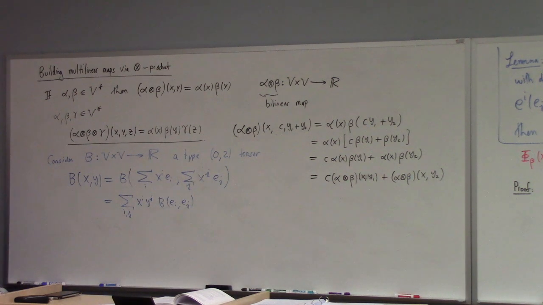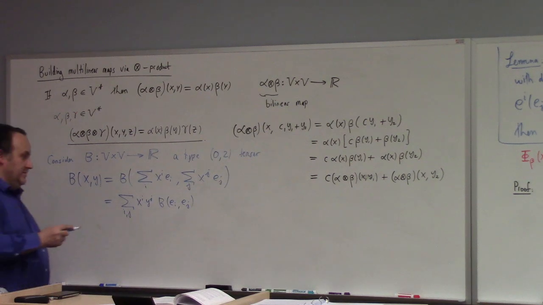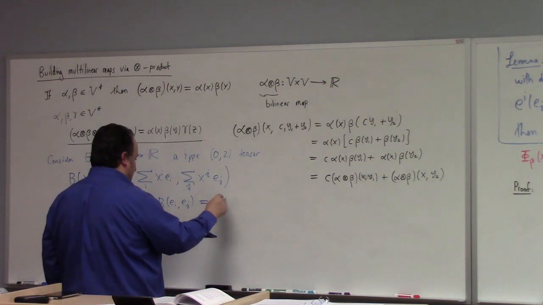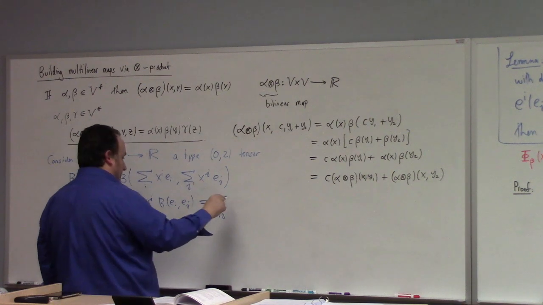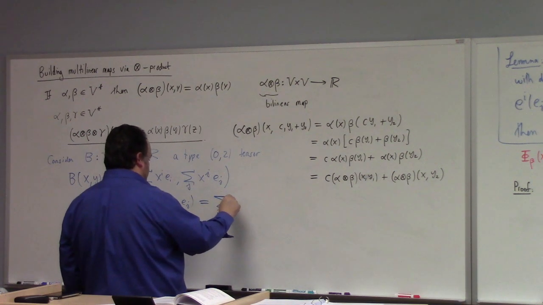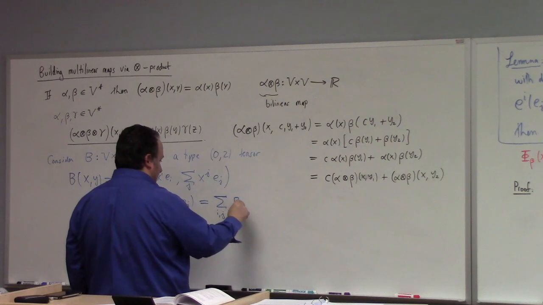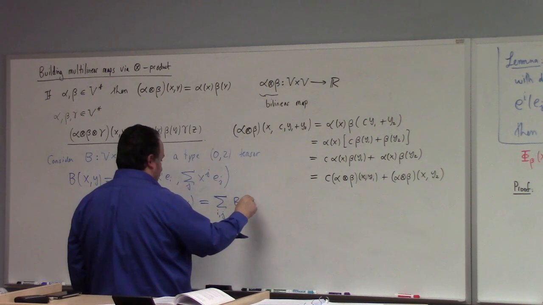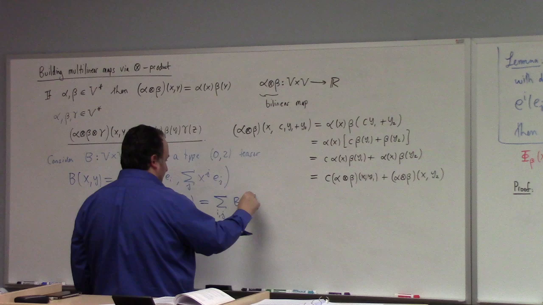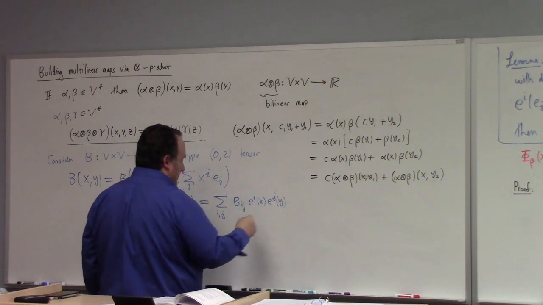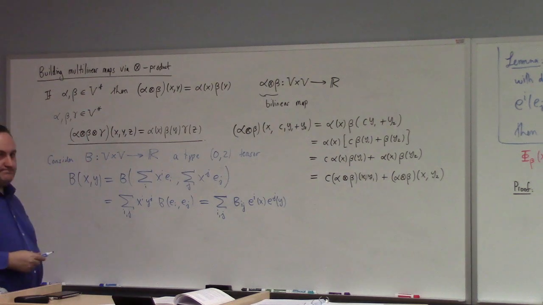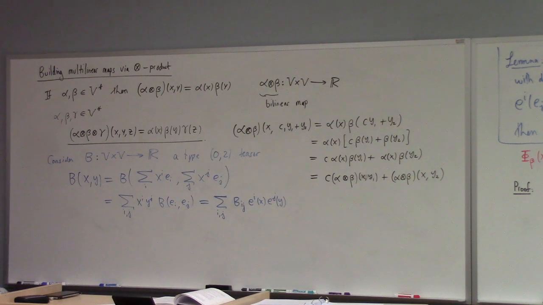And I can use my handy-dandy lemma a second time and a third time. Let's write that B lower ij of e upper i acting on x times e upper j acting on y, by my lemma. The lemma says x upper i is e upper i acting on x, y upper j is e upper j acting on y.